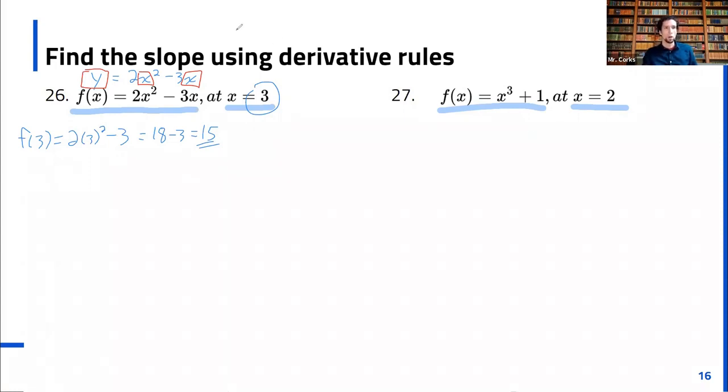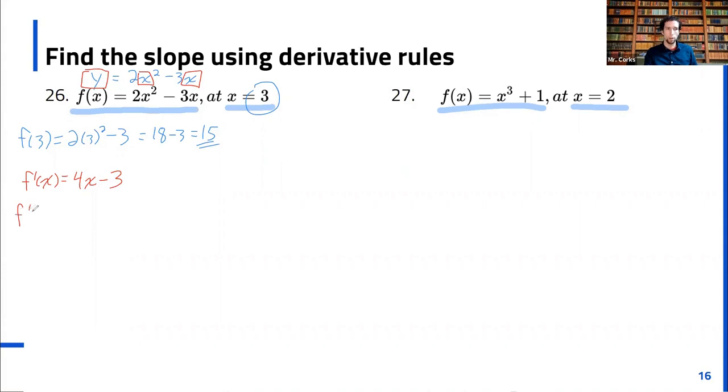So what is our first derivative of this function? F prime of x equals 4x minus 3. There's our derivative. That's the function that is telling us the slopes of this original function for anywhere on the function. Now we're going to solve this when x is equal to 3.